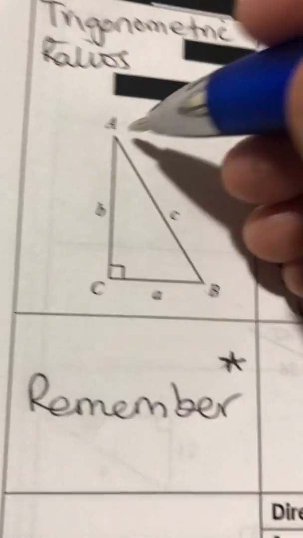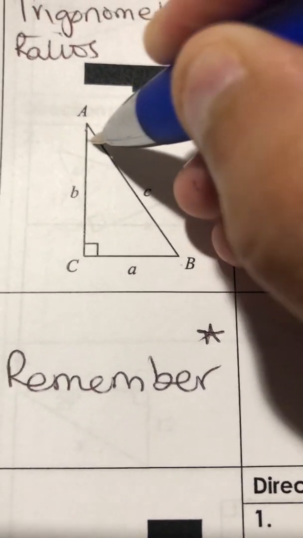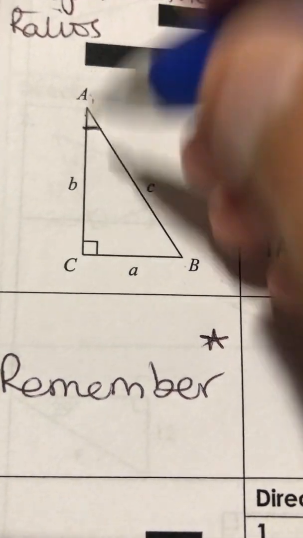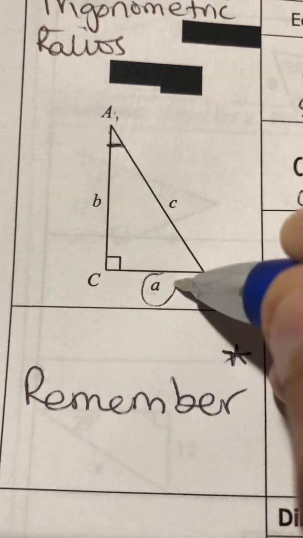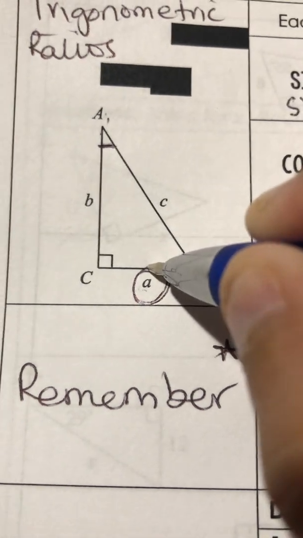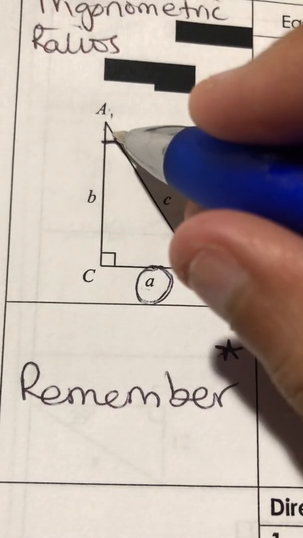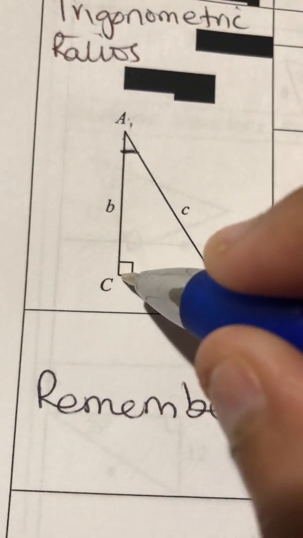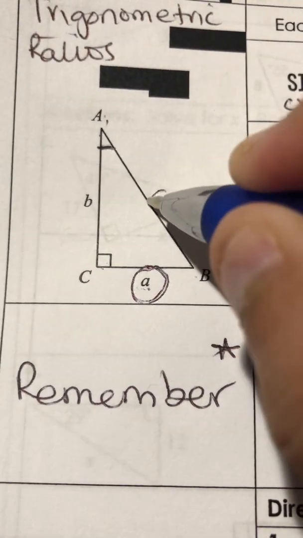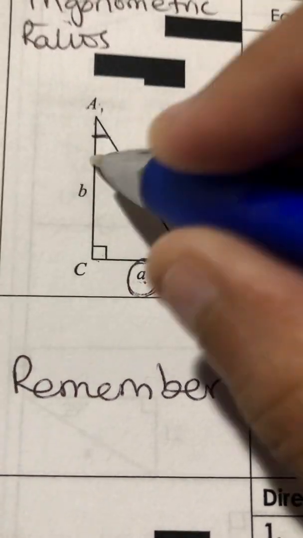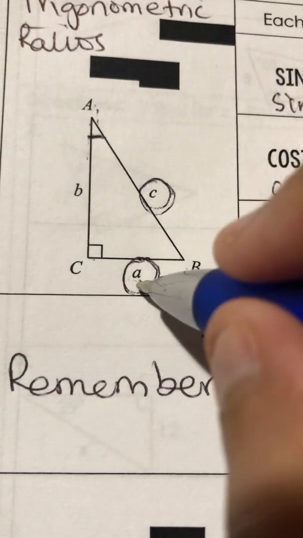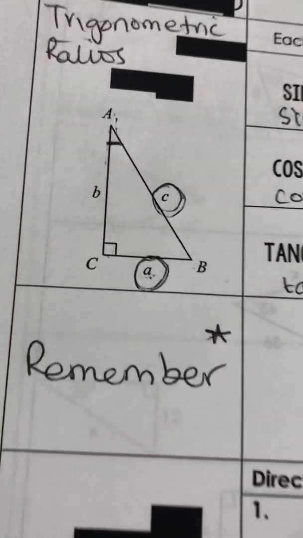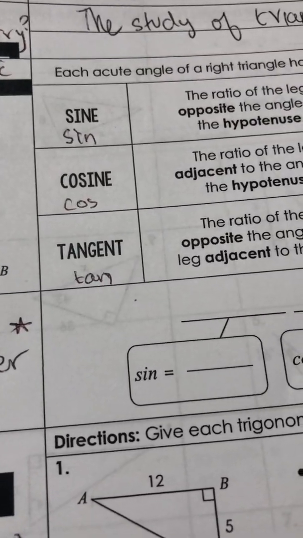Taking angle A into consideration, the side opposite to angle A is this, and the hypotenuse is always the side opposite to 90 degrees. So sine of A would be opposite over hypotenuse, which is A over C.